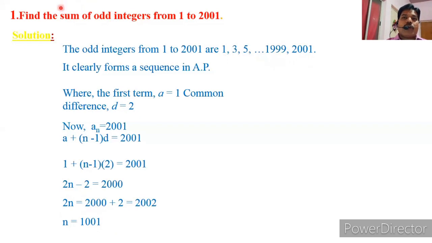But in the question, what they are asking is to get the sum of all these numbers. That means we have to add these 1001 numbers. It is not easy to add them, but you know the formula. The sum of the series in an arithmetic progression is Sn.